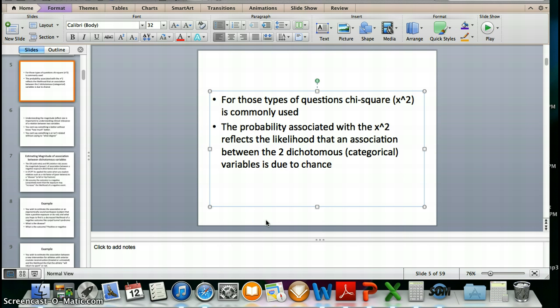And with that, you're looking at the probability associated with chi-square that reflects the likelihood that an association between the two dichotomous or nominal variables is due to chance. Now remember, categorical is nominal for the level of data, and that's the only thing you can use for dichotomous data.